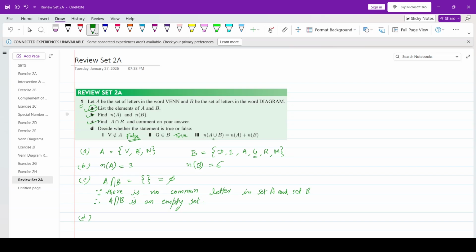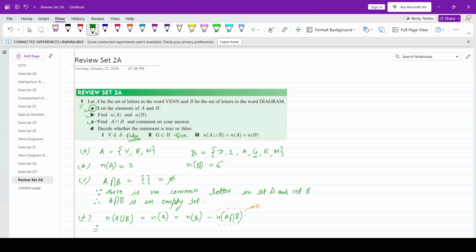Number of elements in A union B is equal to the number of elements in A plus the number of elements in B. We know that the formula for the number of elements in A union B is the number of elements in A plus the number of elements in B minus the number of elements in A intersection B. From here we know that the number of elements in A intersection B is 0.